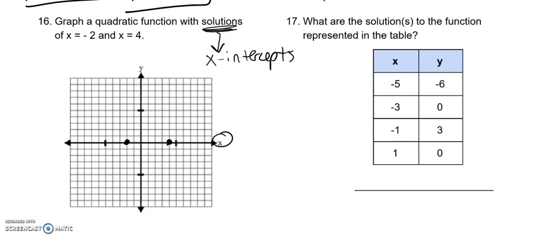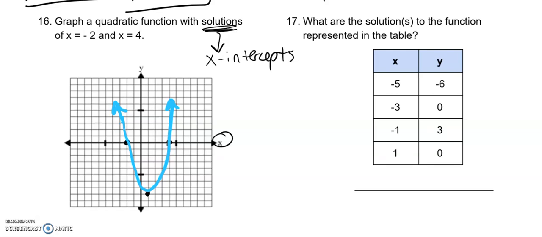From here, you can graph any kind of parabola-looking thing that you like. If you want to make it a little bit more specific, the axis of symmetry is going to go right down the middle. So, maybe you're drawing something here, down here. And then, give it your best sketch. That looks okay, I guess. There's a parabola with x-intercepts, aka solutions, at negative 2 and 4.